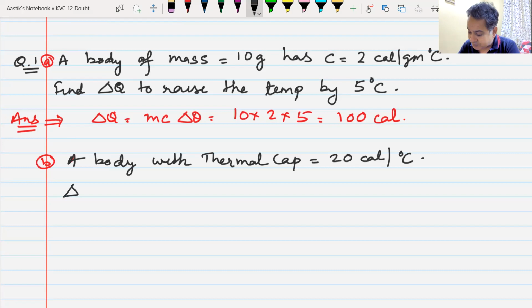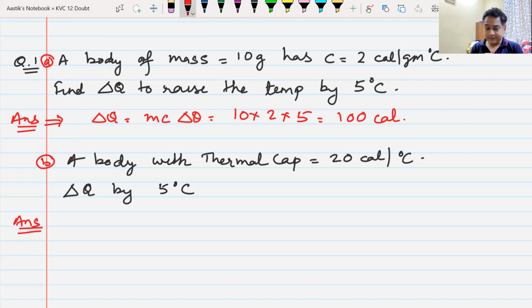Find the amount of heat required to raise the temperature by 5 degrees Celsius. This is the next way in which I can write the same question. So in this case, how do you find out the heat given?